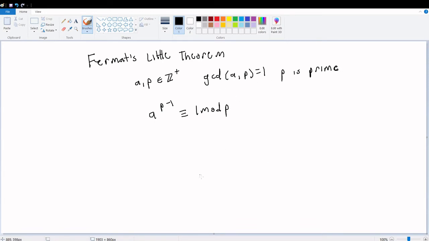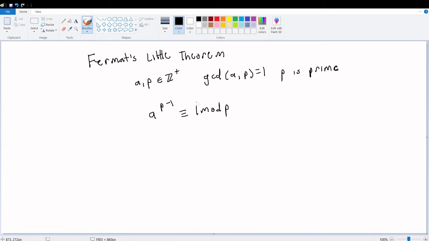Okay, so this theorem, it's very elegant, right? It's an actual statement, a kind of equation that we're all used to. But if you think about it, what exactly are the uses? Rarely do we ever take a number mod a prime number in contest problems.